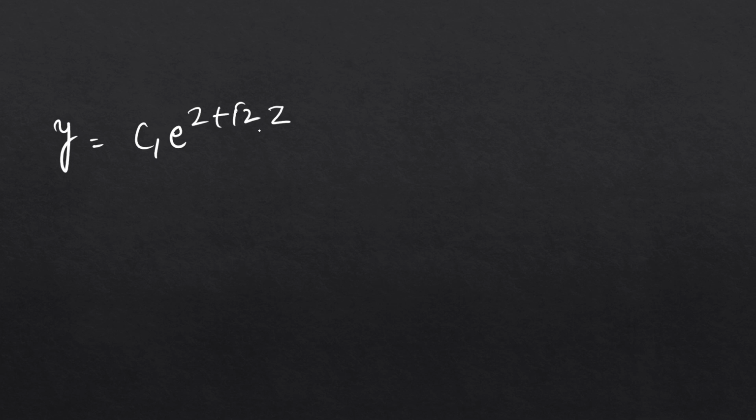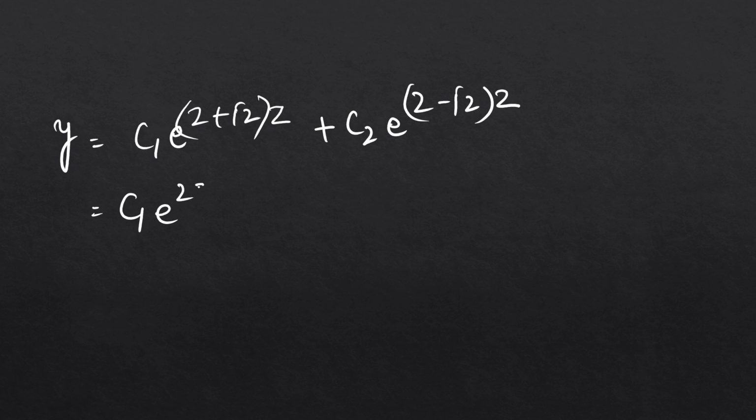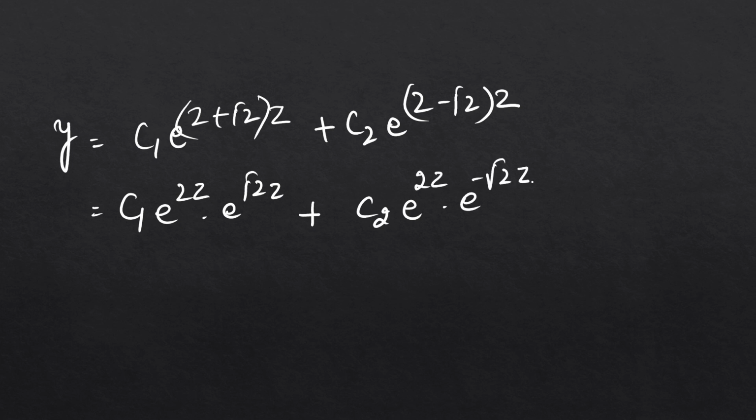If on the other hand this value is in terms of t, we would use x here. Then it is c2 e raised to power 2 minus root 2. So I can write c1 e^2z into e^root 2z plus c2 e^2z into e^minus root 2z.